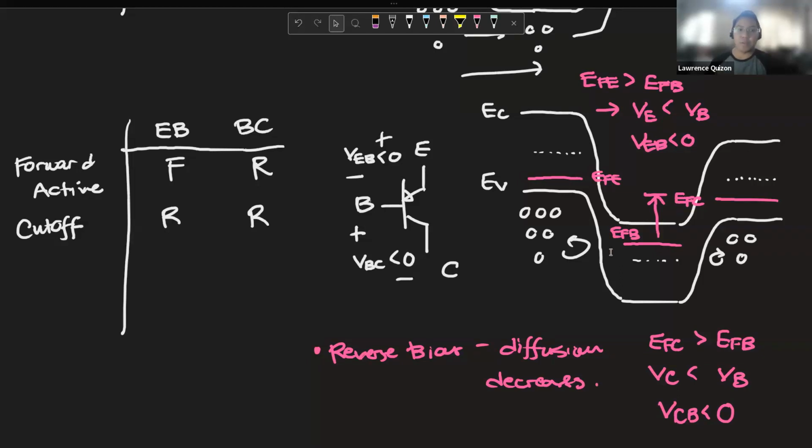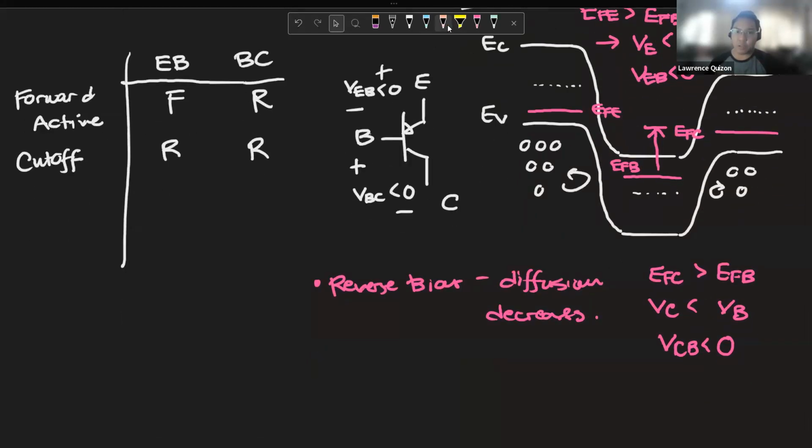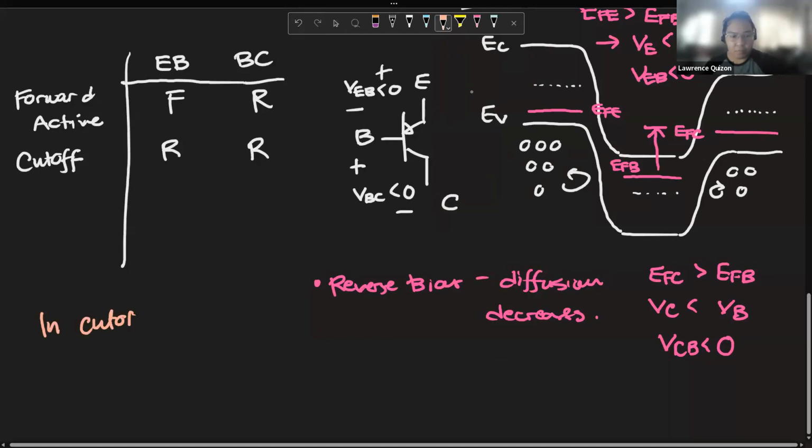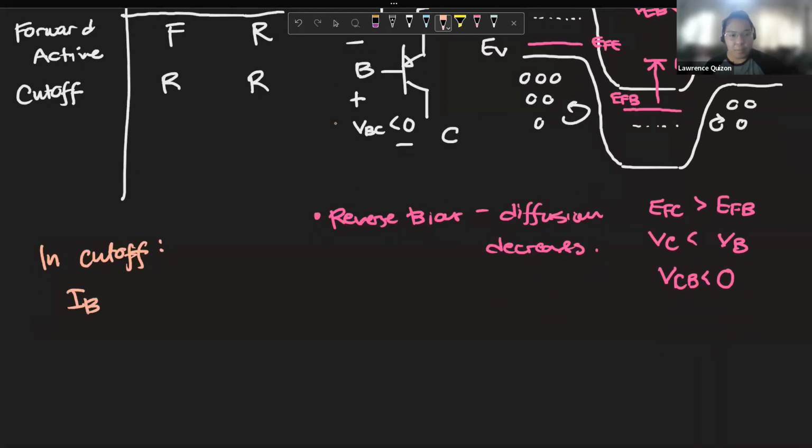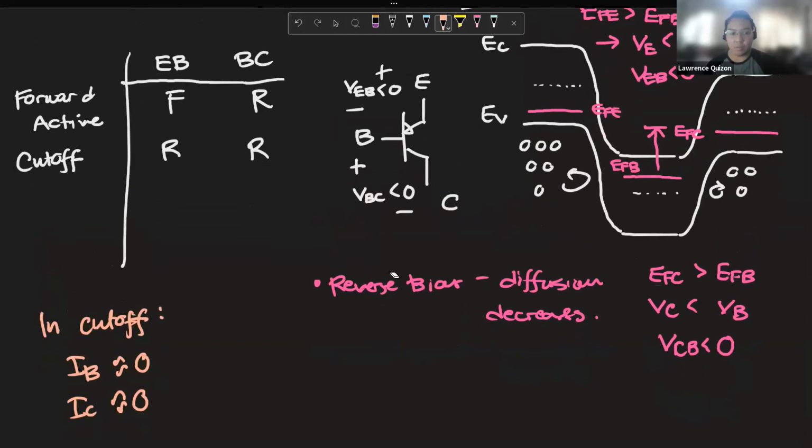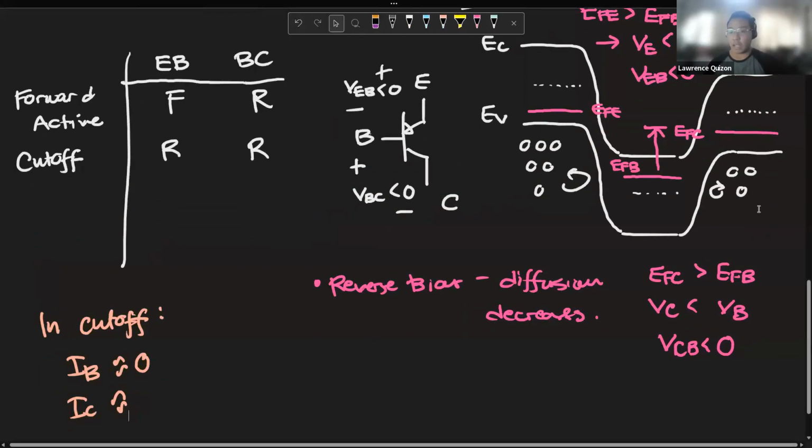Right. So other traits of cutoff, aside from just the energy band diagram, is that in cutoff, IB is typically 0. IC is also typically near 0. Or rather, actually, most of them will be near the saturation current IS, right?